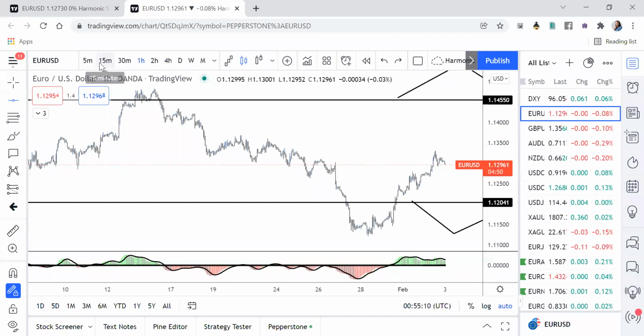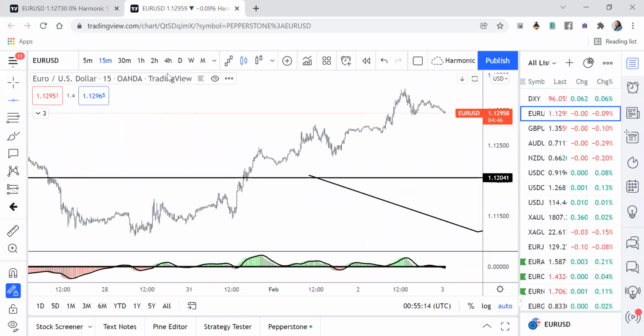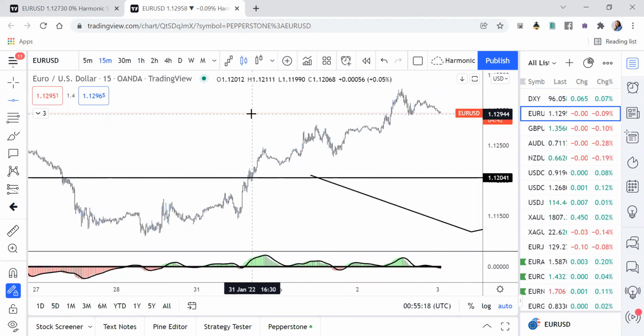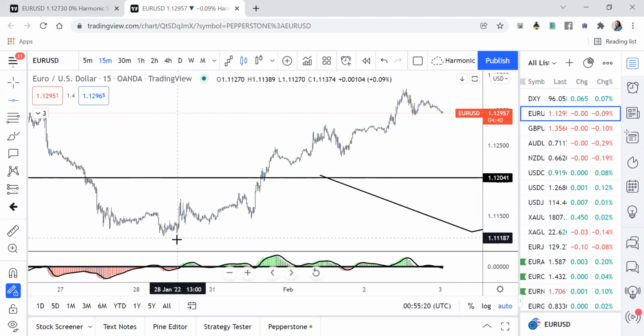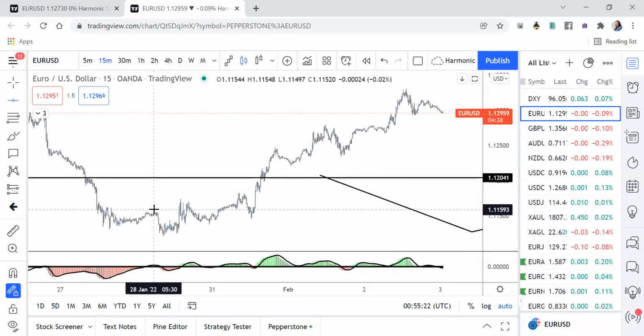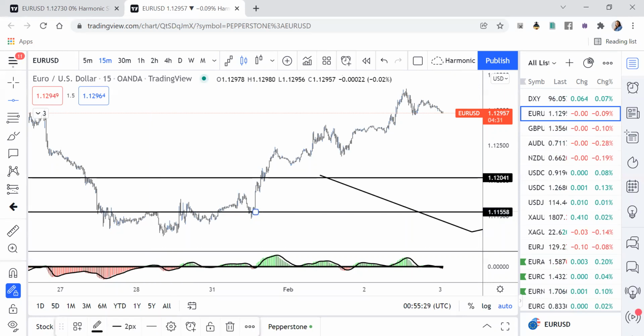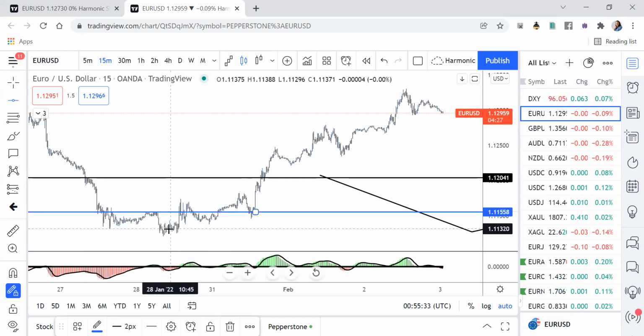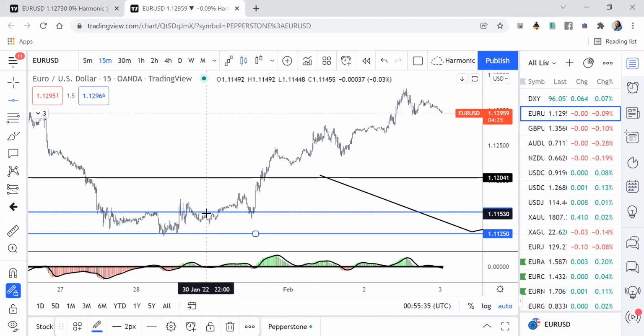So I'm going to scale into the 15-minute time frame, see if I can identify some structure there. Okay, so the 15-minute time frame is showing me that, starting from here, I have a 15-minute high. I'm going to put it in a different color so as not to confuse you. I have a 15-minute low, right?